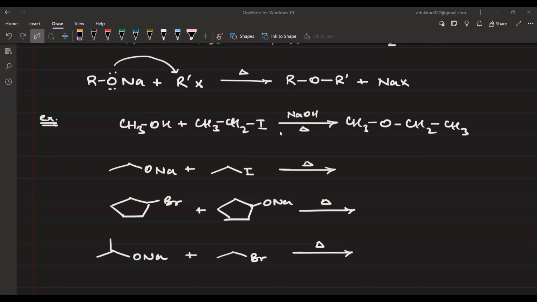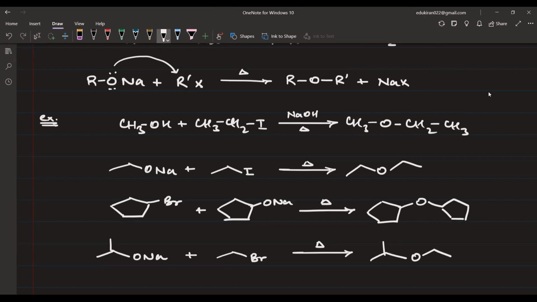Correct, fine. So I think these are also no-brainers, right? O, and both of these are symmetrical. We can also make unsymmetrical ethers, with O and two different carbon groups like this.